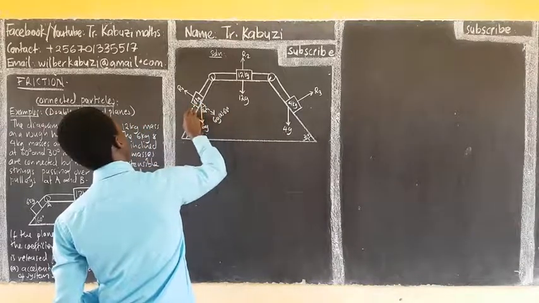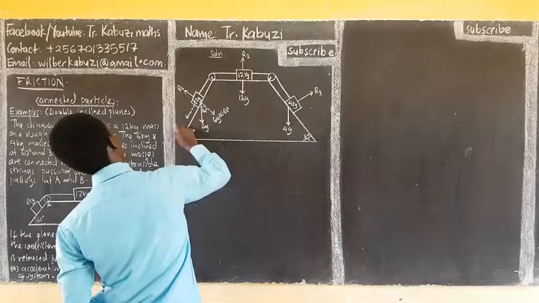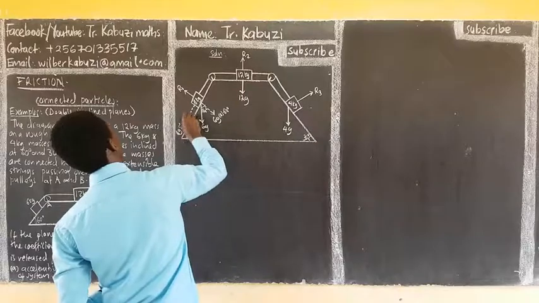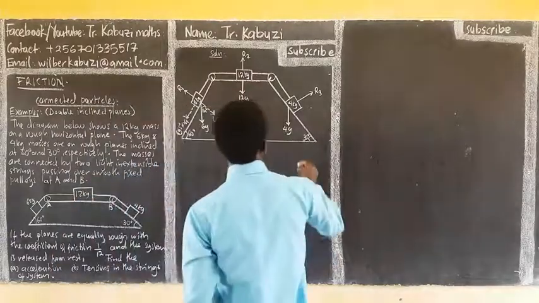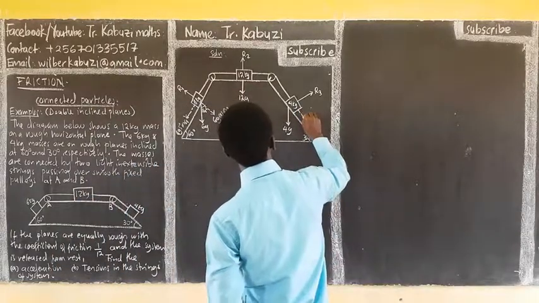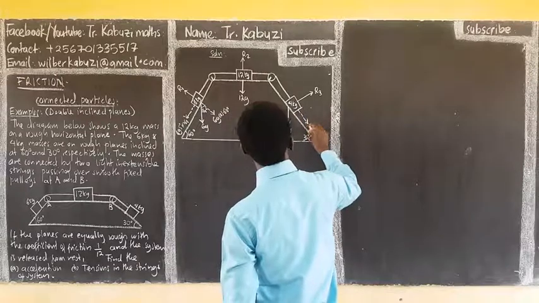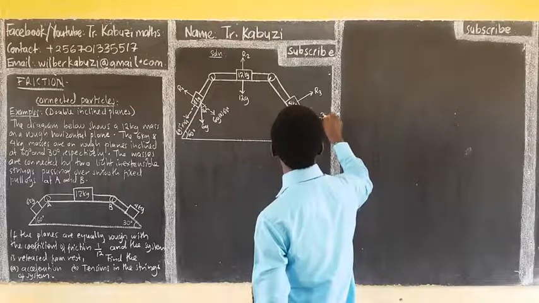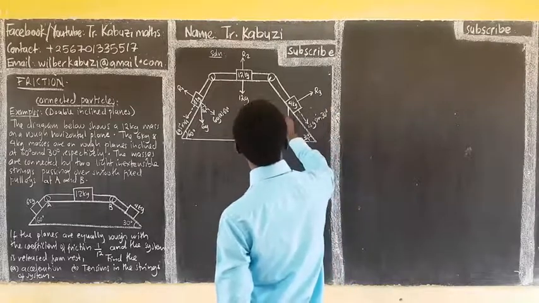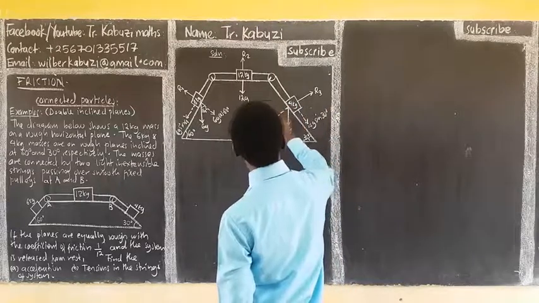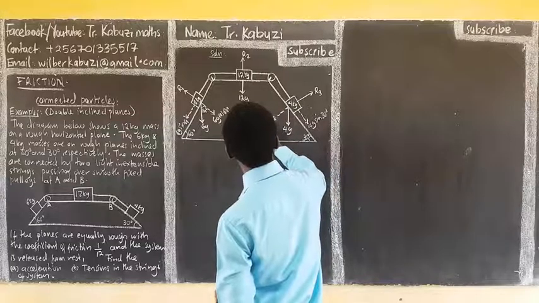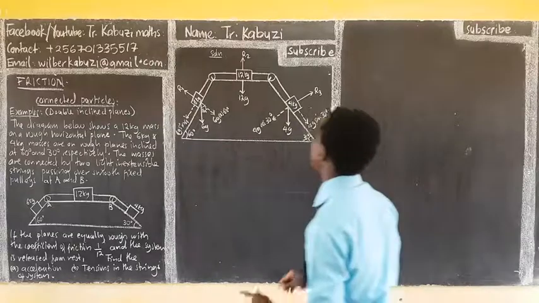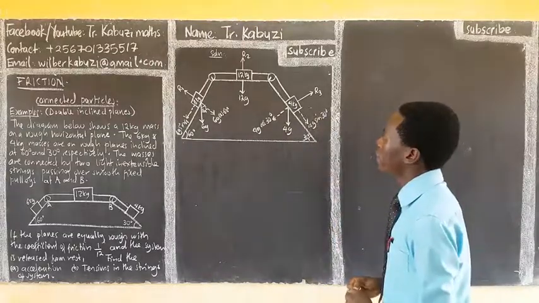Then this one is going to be 6G sine 60 degrees. Then, if you have to resolve this one, you are going to have 4G sine 30 degrees. Then this one, you are going to have 4G cos 30 degrees. That is the basic start with resolving the forces.